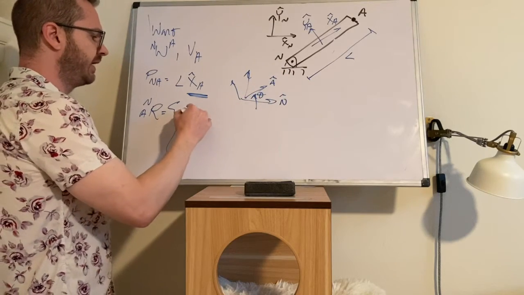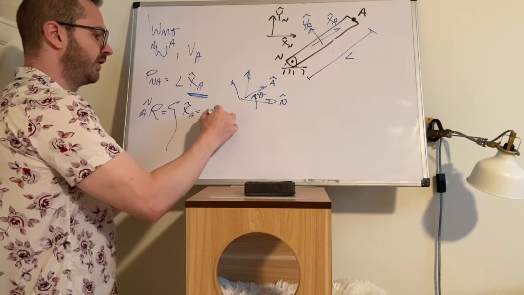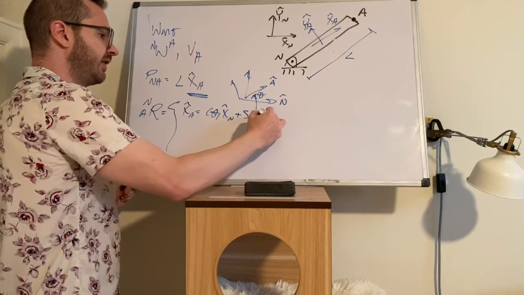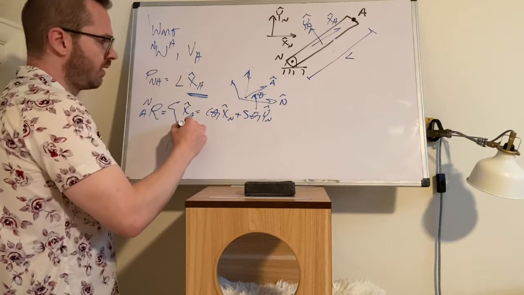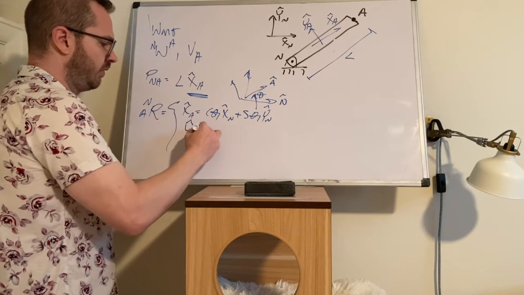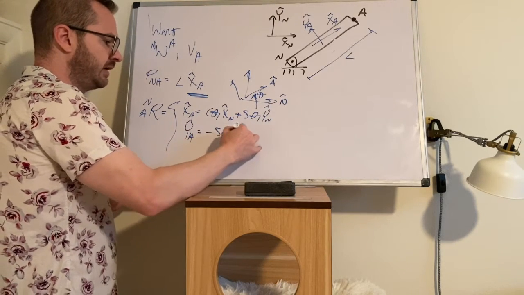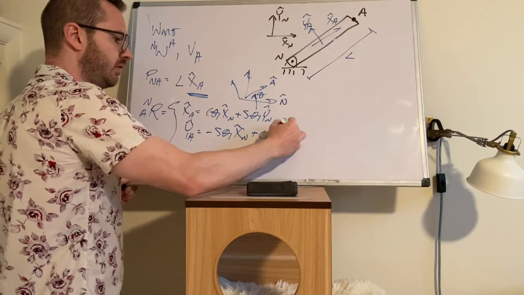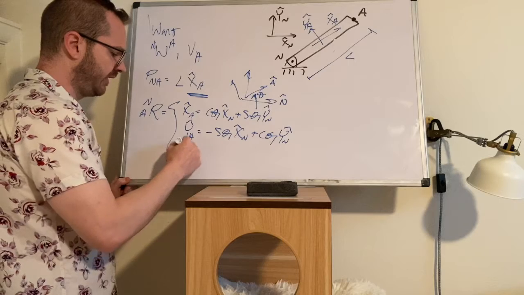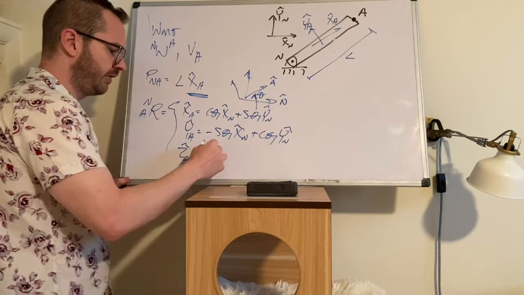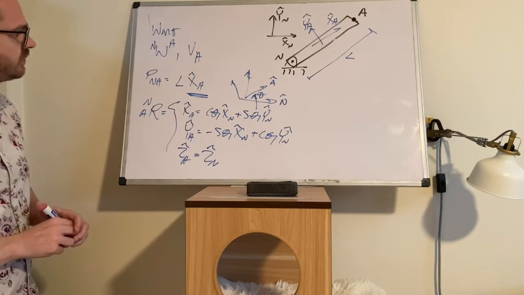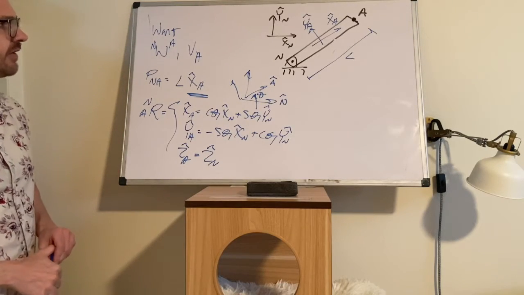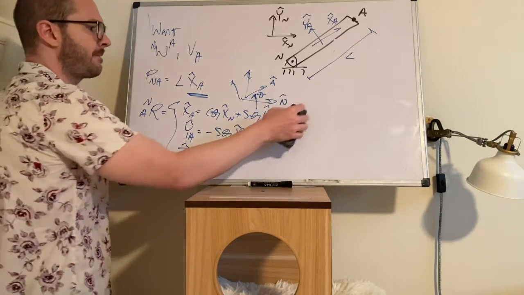So we have X hat A, this is cosine theta X N plus sine theta Y N. Y hat A is negative sine theta X N plus cosine theta Y N, and it's a simple rotation about a shared Z, so there we go. All of this is in your notes. I expect you're comfortable with it by now. Let's move on.